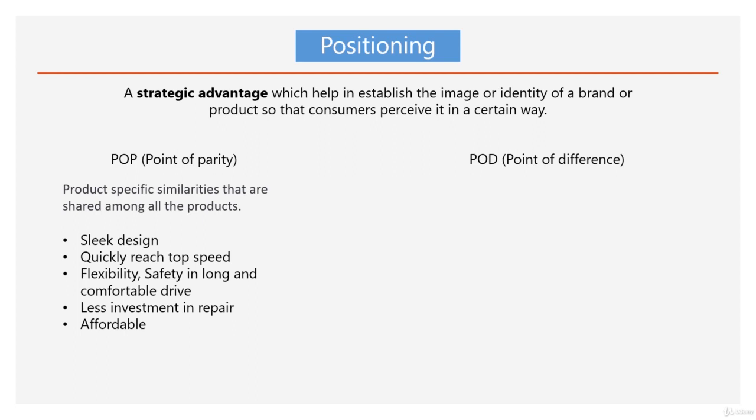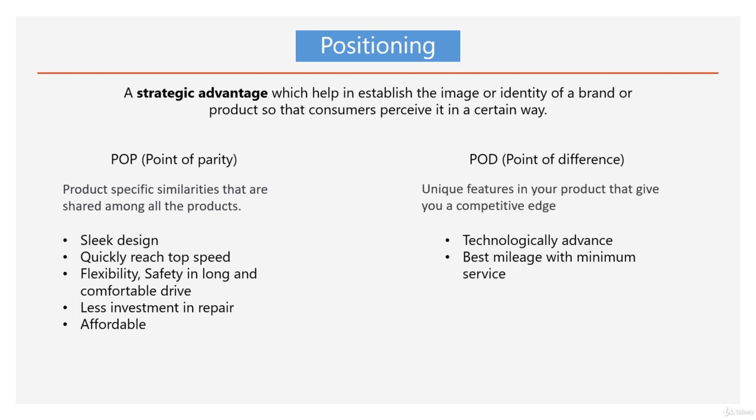But nowadays, companies really try to create point of difference for their product to stand out. And that is why point of difference really comes handy in the positioning part. Because point of difference really provides a unique feature in your product that gives you a competitive edge. And if you talk about Tesla, believe me, Tesla has a technologically advanced system, and that gives a point of difference to Tesla, because Tesla is technologically very advanced.